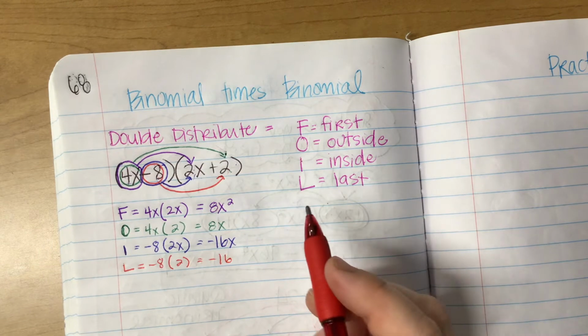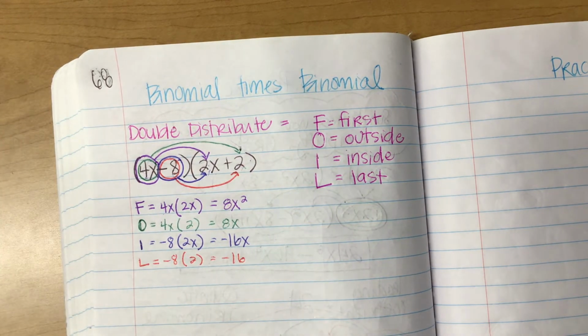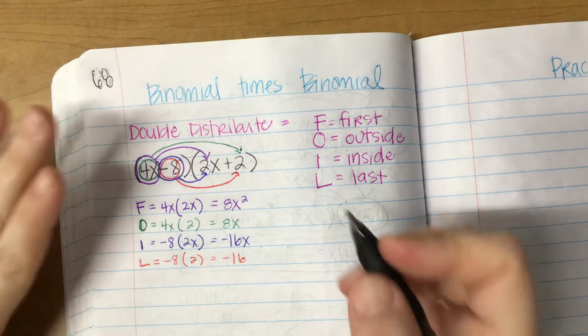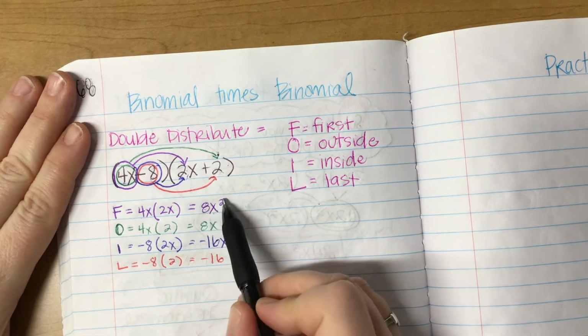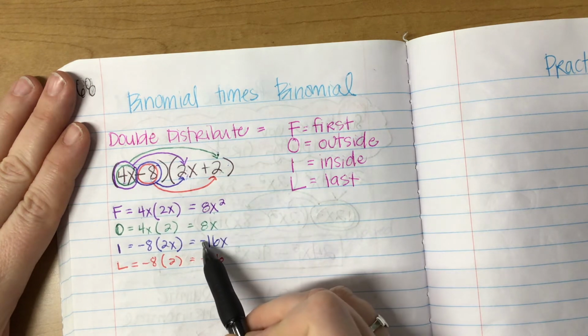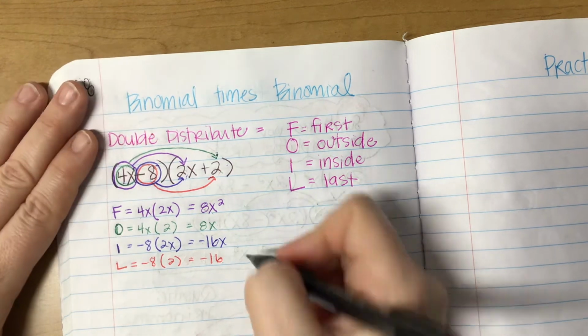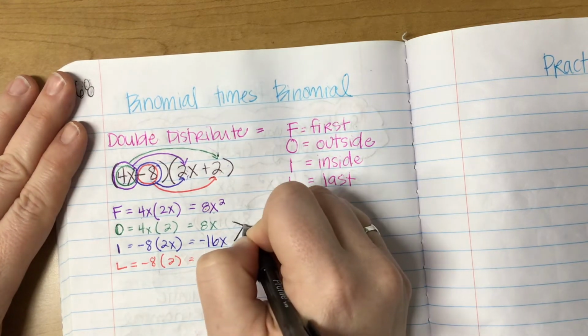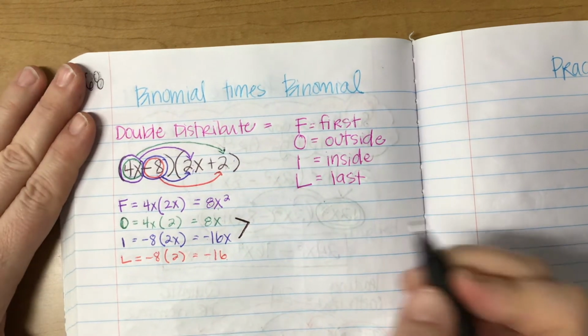I'm not done yet. I've just done my distributing. Because my answer, if I wrote it in a long string, would be 8x squared plus 8x minus 16x minus 16. About 90% of the time, you're going to have two terms that are like terms.